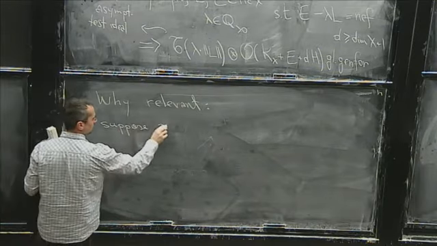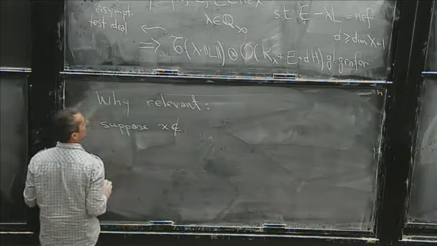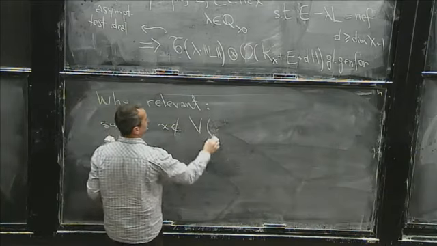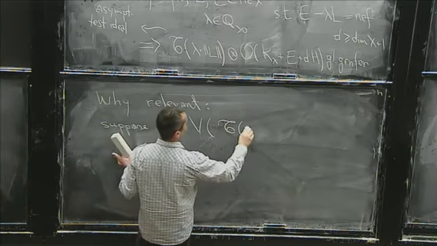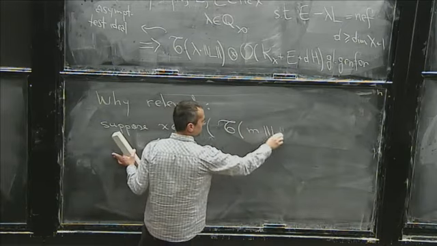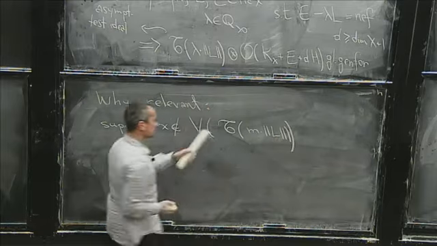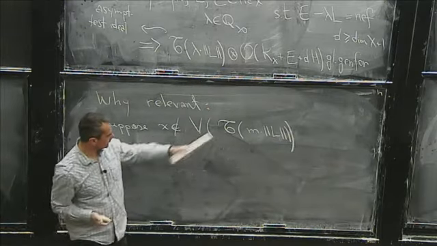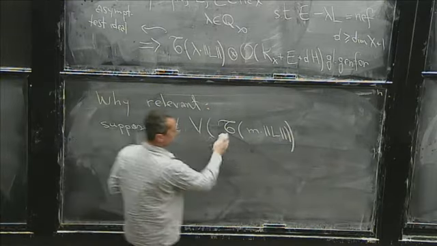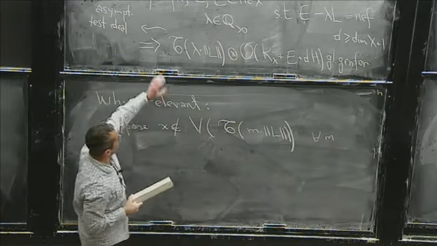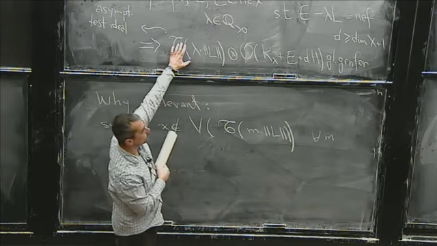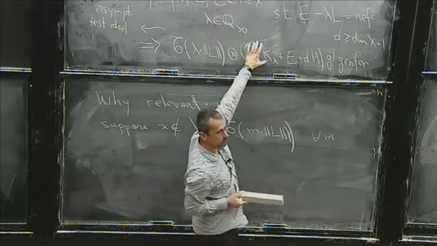So suppose X is a point that does not lie in the vanishing locus of this test ideal, whatever that means, of M times L. Right, so I have these closed subsets cut out by these ideals, and I assume that X does not lie in this locus for every M. Okay, so in particular, this ideal does not vanish at this point, but this guy is globally generated.